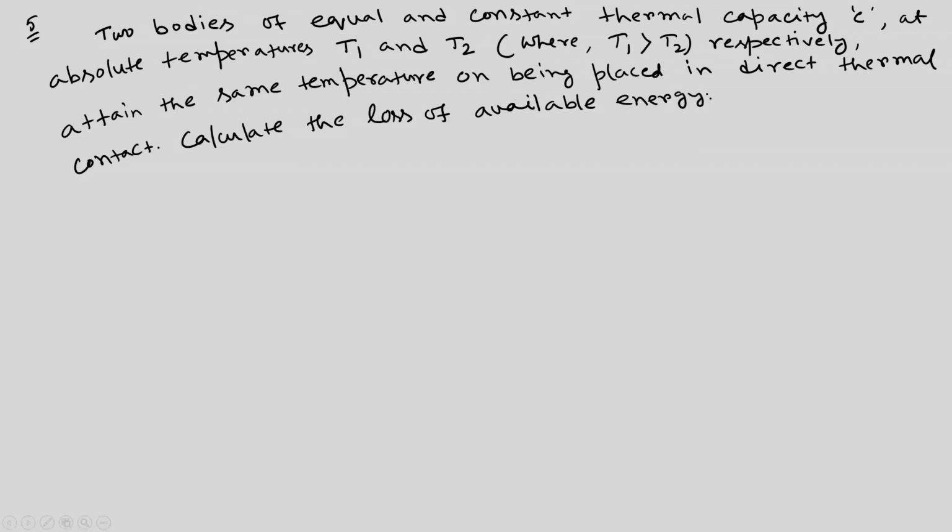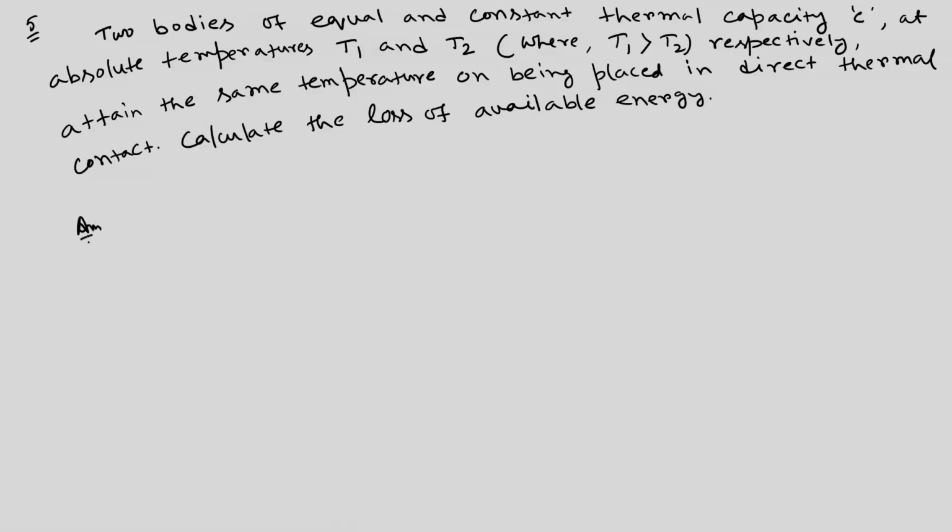So, problem number 5 says two bodies of equal and constant thermal heat capacity C at absolute temperatures T1 and T2 respectively attain the same temperature on being placed in direct thermal contact. Calculate the loss of available energy.